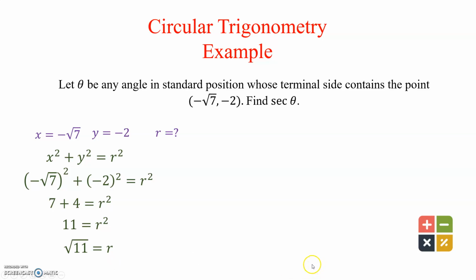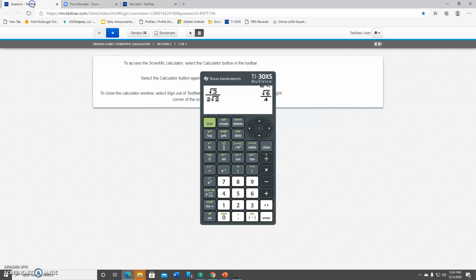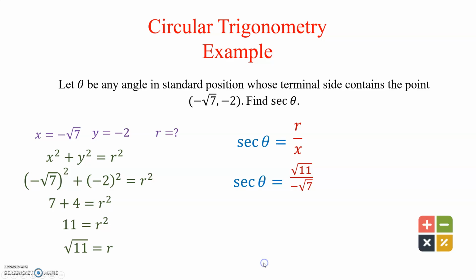So now that I have all the variables I need, secant, again, is r over x. The r is radical 11. The x is negative radical 7. I could substitute this straight into the calculator, so I'll do that just to illustrate.